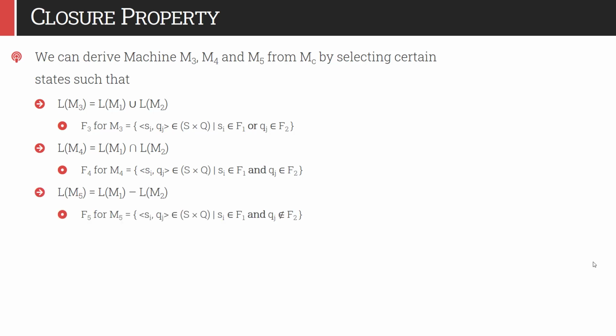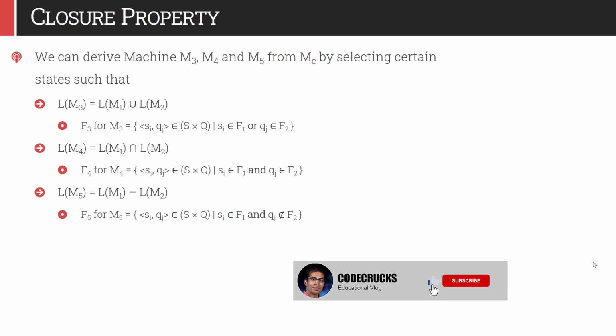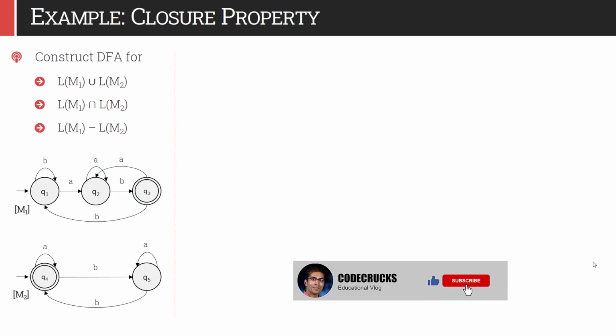And to find the difference between two languages, L of M1 minus L of M2, we will make sure that only those states in combined machine MC will be marked as final states in which Si is a final state but Qj is not a final state. This machine we will call M5, which is equivalent to the difference of the languages, the M1 minus M2 machine.